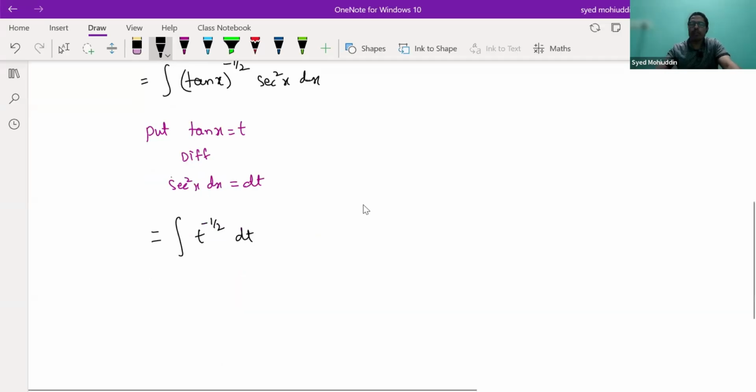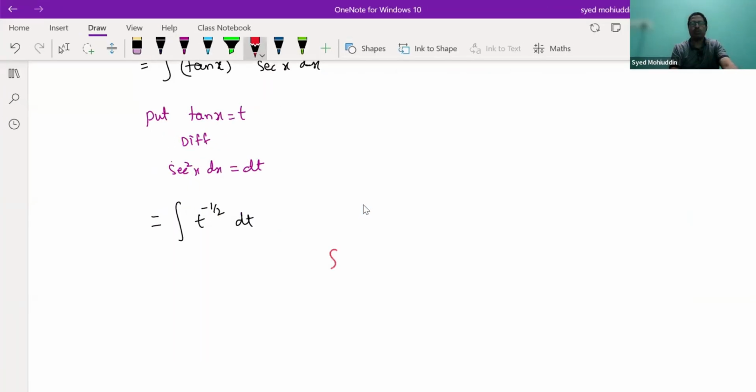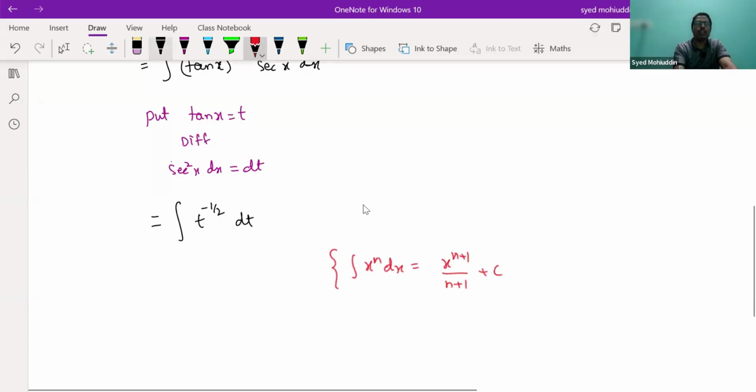But now we know this formula: the integral of x power of n into dx is x power of n plus 1 by n plus 1, plus the constant of integration c. In this case the value of n is minus half. If you plug in there, it becomes t power of minus half plus 1 divided by minus half plus 1, plus the constant of integration c.